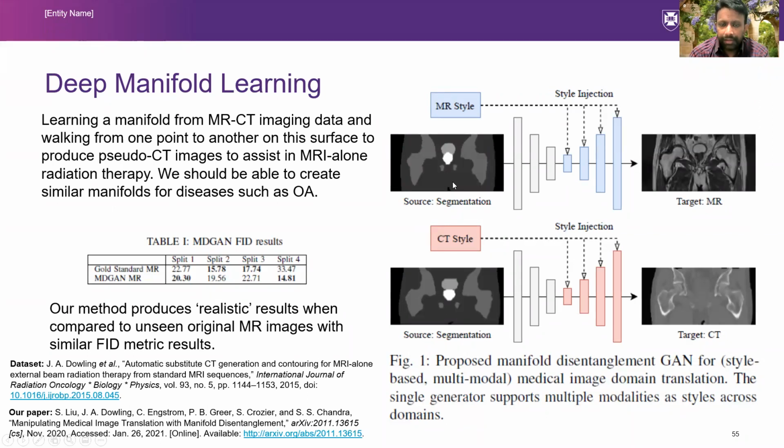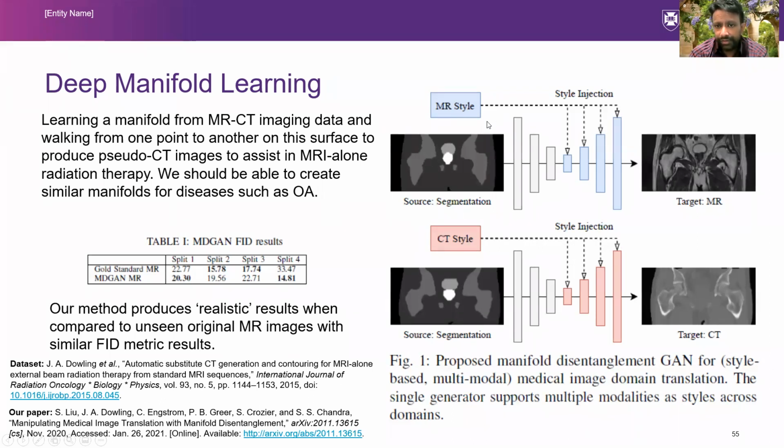Well, if we can take the segmentation like this and create an image out of it, then we're going to understand the tissues and the appearances of those particular tissues, objects that we're interested in. And that's exactly what we've done.